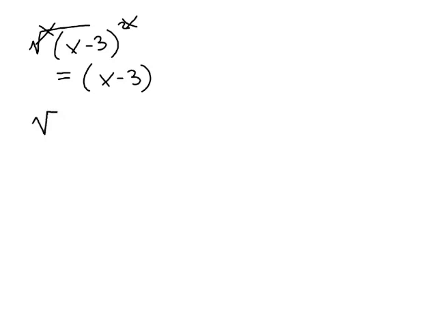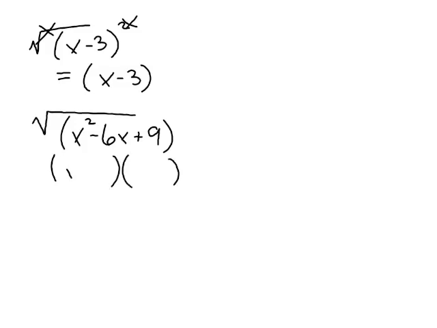So we can make these as complicated as we want. What if I have x squared minus 6x plus 9? So I would need to factor that out. So x times x, and then factors of 9 that will give me a 6 is 3 and 3.